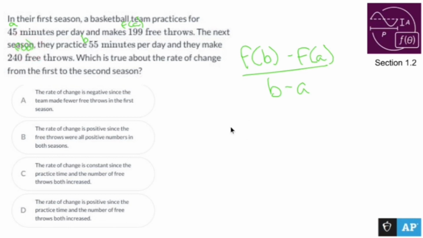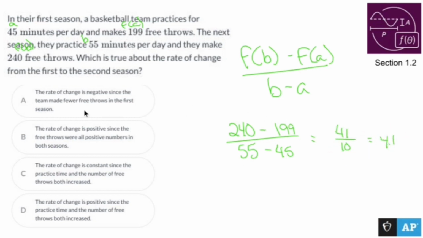So f of b is 240 minus f of a, which is 199, over 55, which is b, minus 45. So 41 over 10 rounds out nicely to 4.1, or 4 if we're rounding.